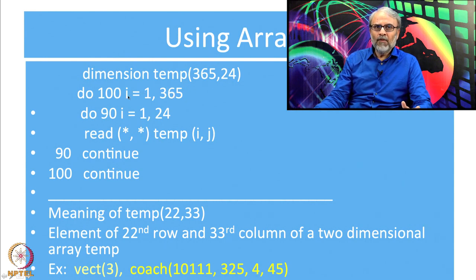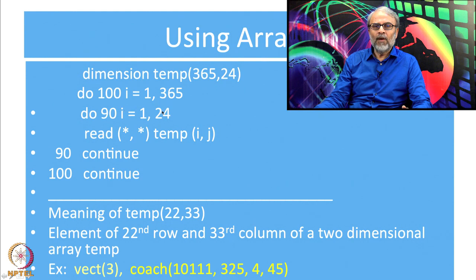So, when I am doing this with the I variable 365 times, I define a second variable. Now, this is not I, this should be j. So, do 90 j going from 1 to 24, because it is a second variable. First variable is I, second variable is j. J goes from 1 to 24 up to 90, so the statements up to 90 are continued 24 times.